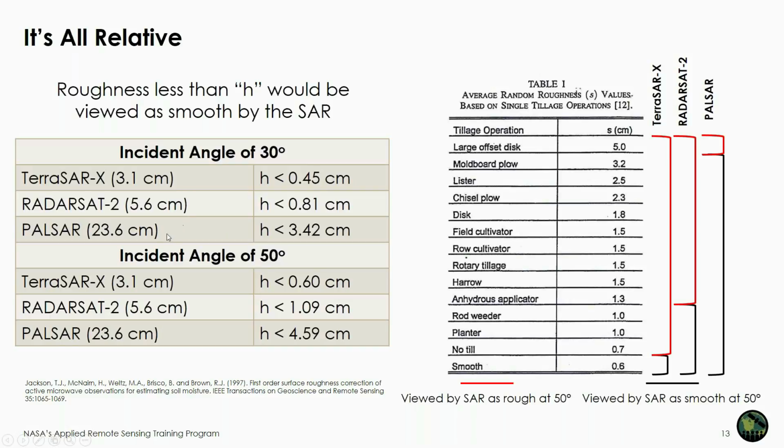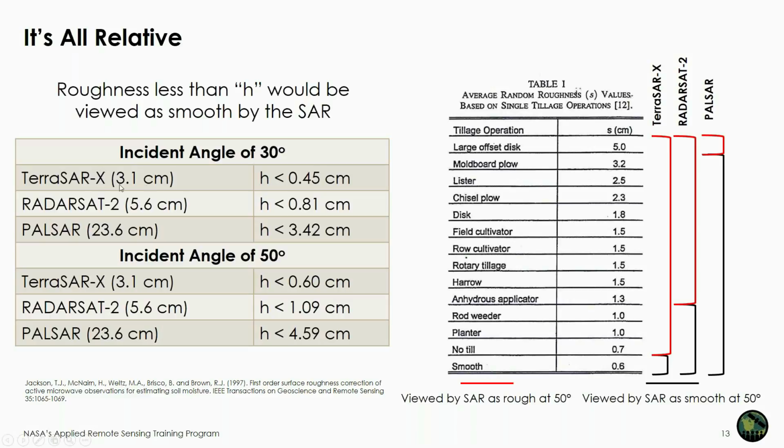And I've looked at some common radar satellites here, TerraSAR-X, RADARSAT-2, and ALOS PALSAR. So this is X, C, and L band. They have different wavelengths, and we have different incidence angles. So in this particular case, roughnesses that have less than this RMS height would look smooth to these particular sensors.